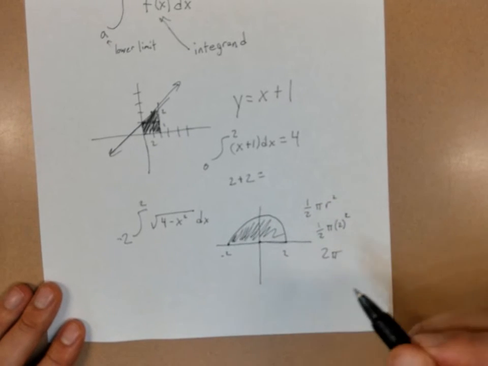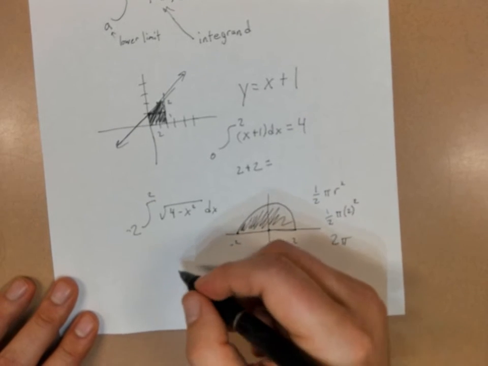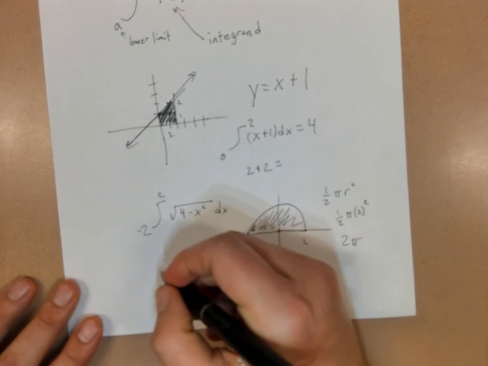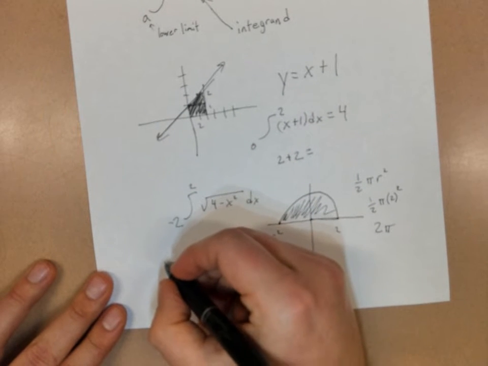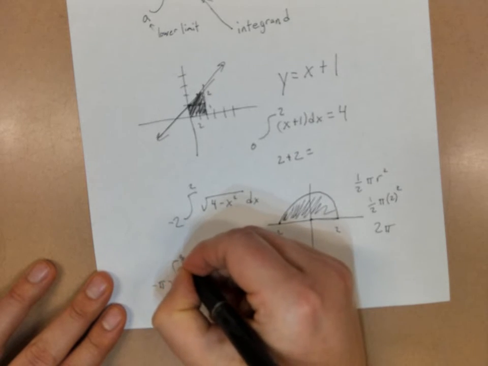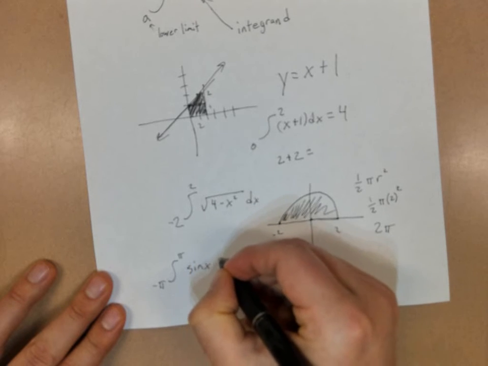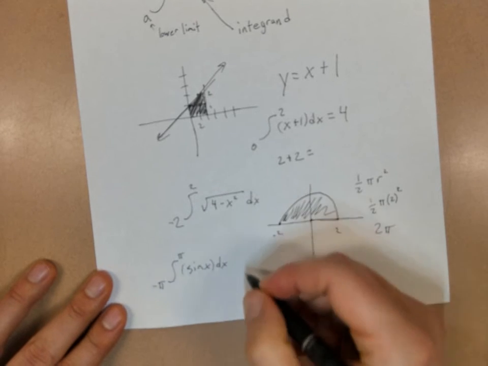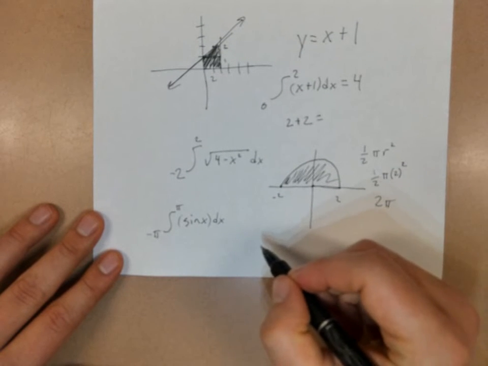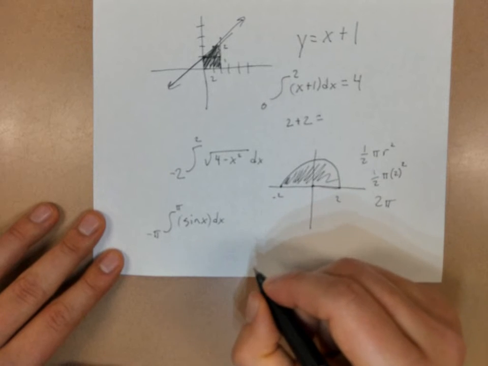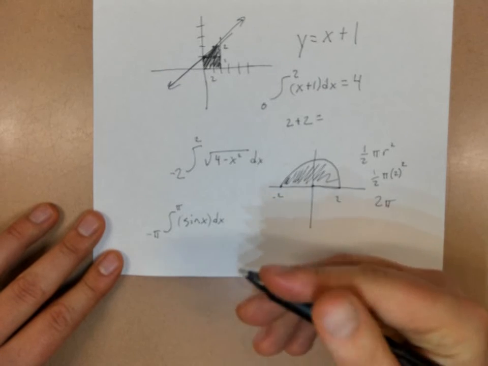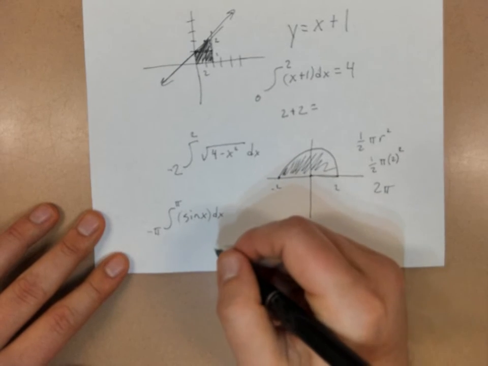One other thing to note, and it'll probably come up more later, is whenever you have a curve that goes underneath the x-axis. For example, if I wanted the integral from negative pi to pi of sine x dx, the thing to be careful of is that when it goes below the x-axis, calculating that out counts as negative area. I know that's not a normal thing that you think about, but it happens when we're calculating our integrals.